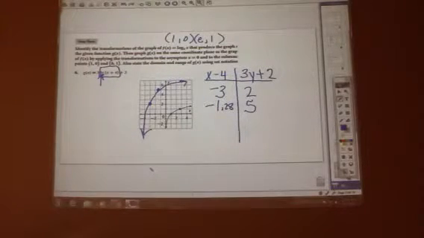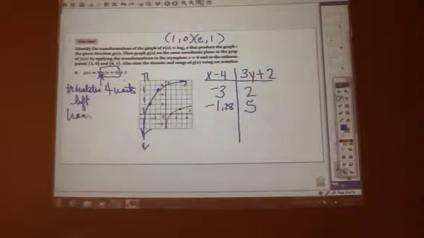It has a vertical asymptote at negative 4. I know that because that's what my h here is. So if I describe the transformation, I know it translates 4 units left.